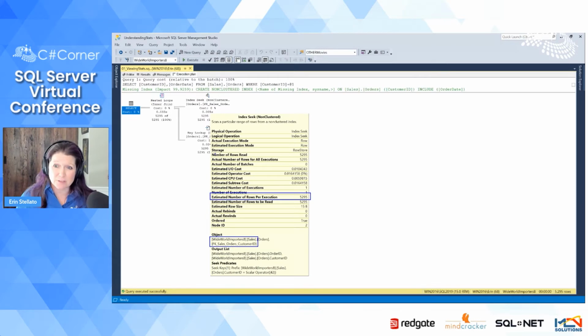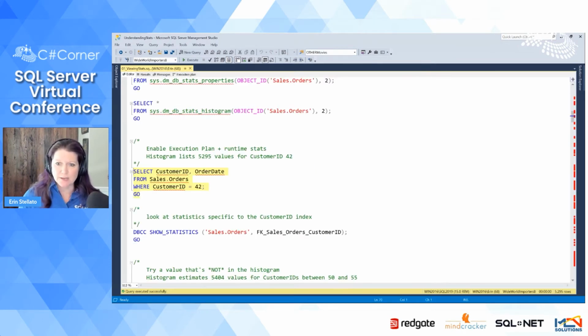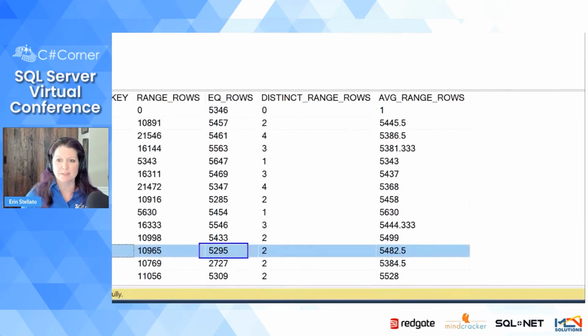And that matches how many rows it actually returned. So that's a really good estimate, right? And if we double check back in the statistic for 42, sure enough, we see that that estimate is correct.